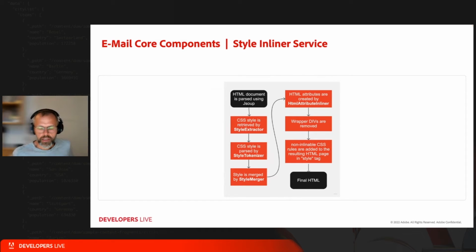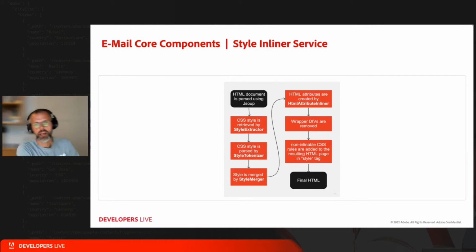Let's have a little bit deeper look into the process of what the style inliner service really does. So it fetches the HTML document and then it gets parsed by JSoup. And the JSoup parser then extracts the CSS styles, which might be contained in the HTML document or referenced as an external reference.